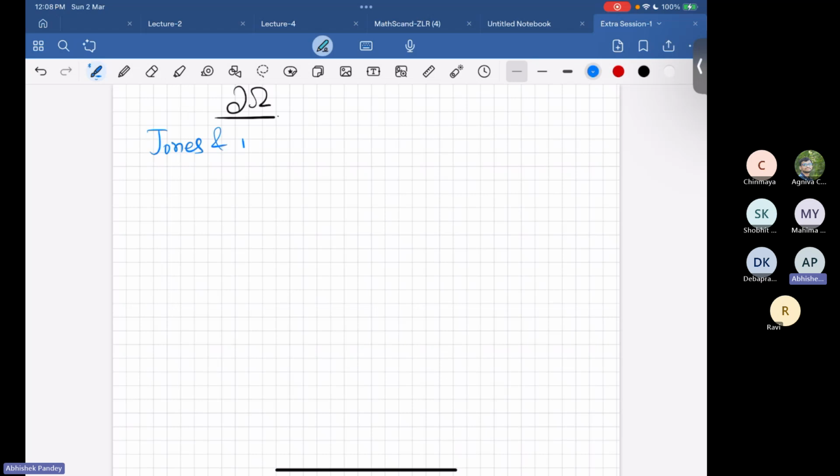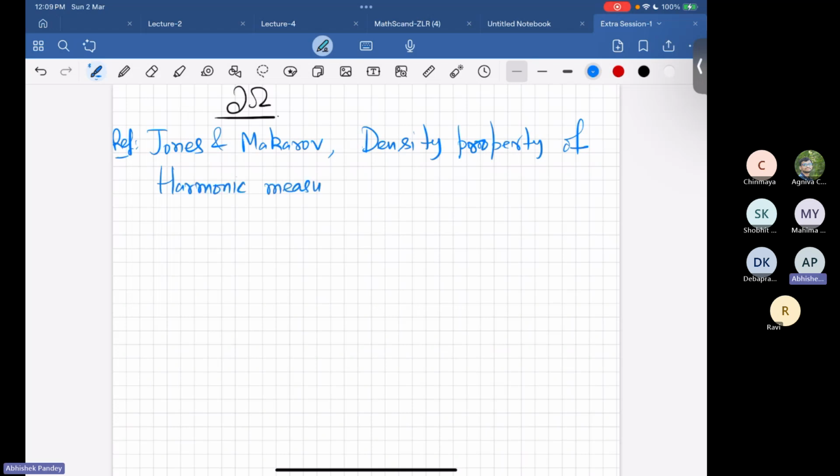So Jones and, this is basically density property of harmonic measure. This is an old paper, but you can find a lot of interesting stuff in this one.